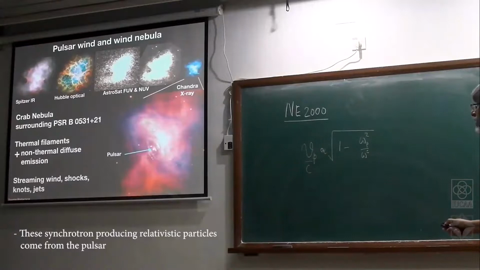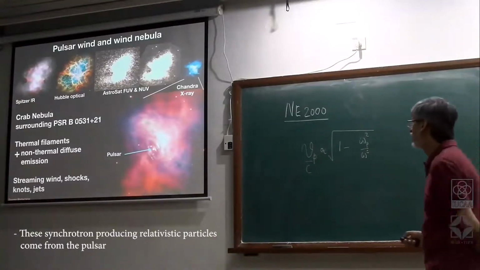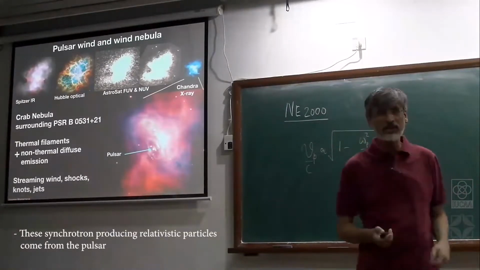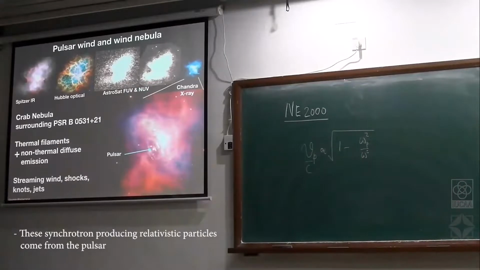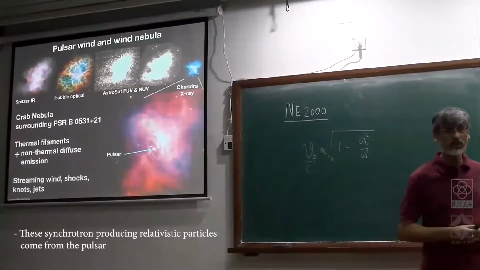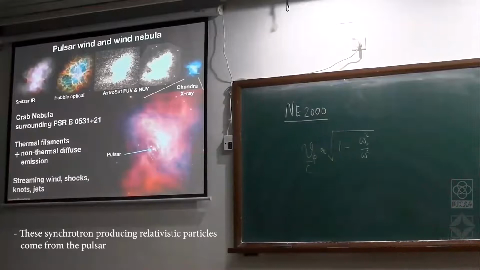Now, if you look at the high resolution optical picture of the inner region of this, this is really the very central region of this. The pulsar is located here. And you see these ring-like structures around it. And if you keep on observing it, you will find that this is variable, strongly variable. The rings move in and out.